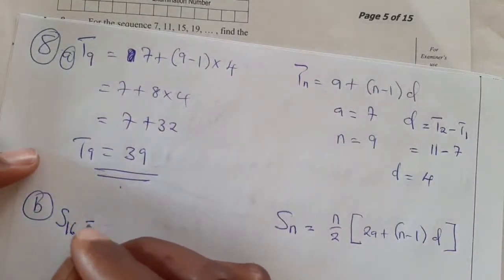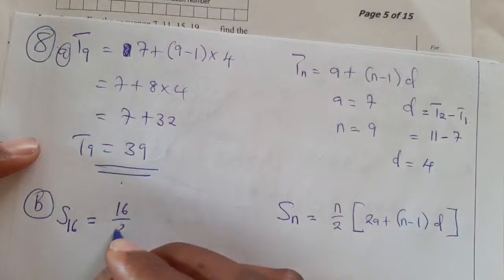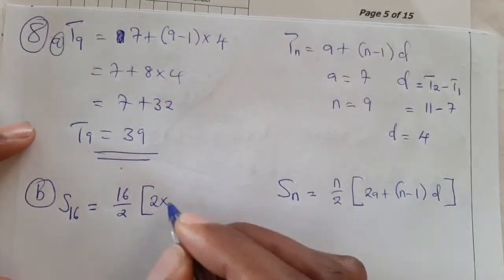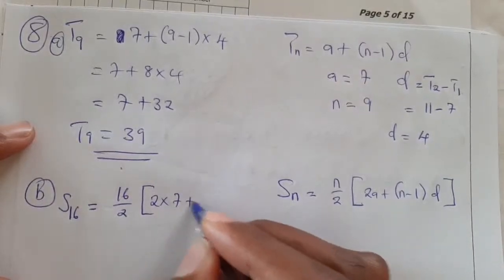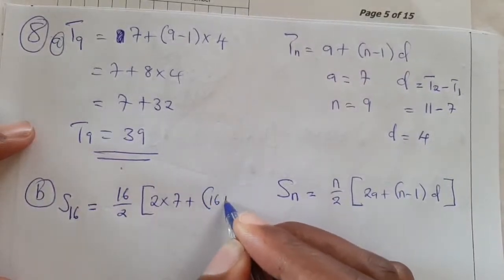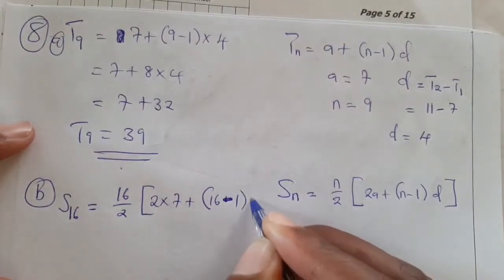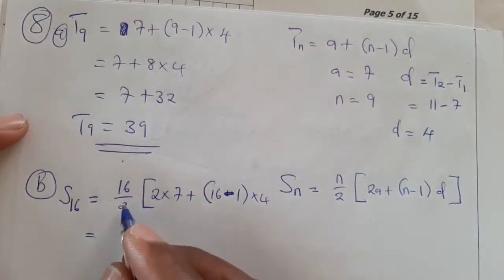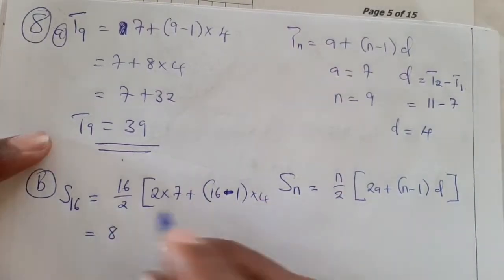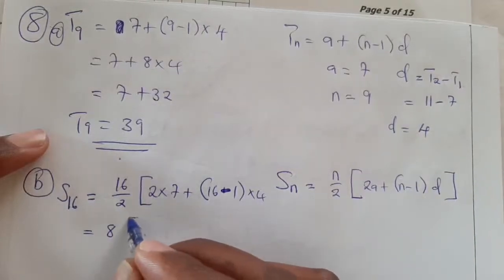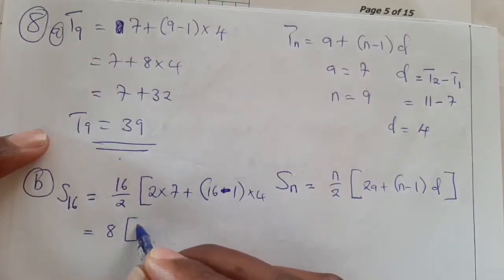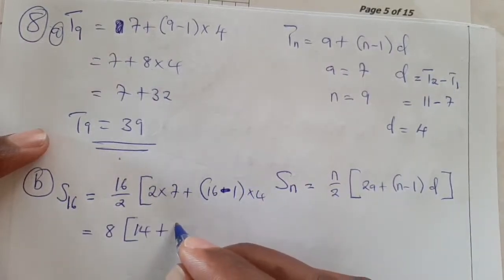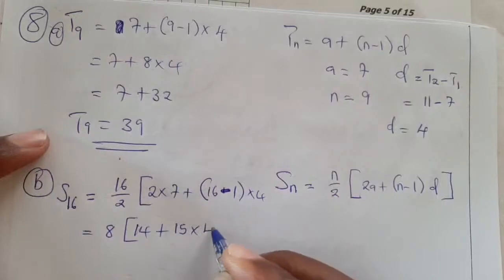So S16 equals 16 over 2, then 2 times a, which is the first term 7, plus n, which is 16, minus 1, then times 4, the same common difference. If we divide 16 by 2, we have 8. Then 2 times 7 is 14, plus 16 minus 1, which is 15, times 4.